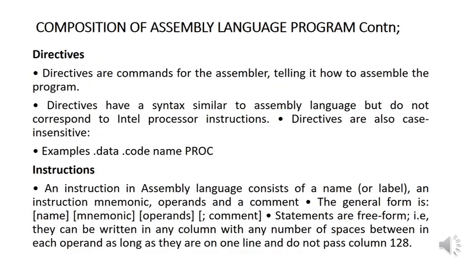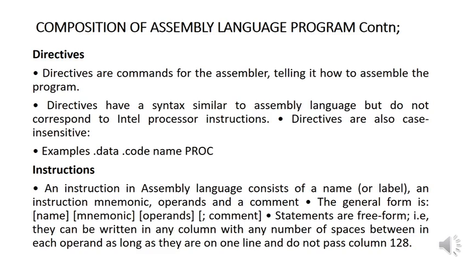So now let's pick directives. Directives are commands for the assembler. I said in the previous class that they are not necessary to participate in the main core operation of the program. They are just like a rule setter for the assembler, telling it how to assemble the program.